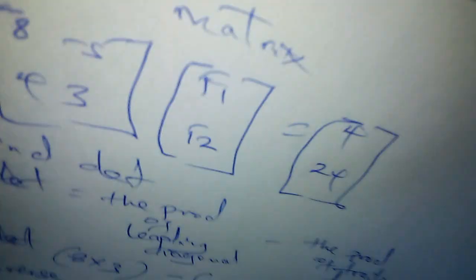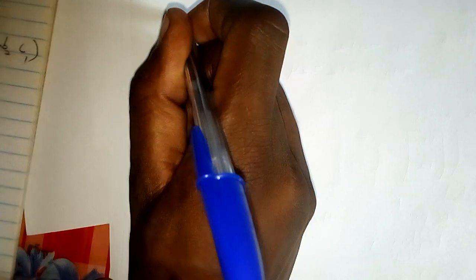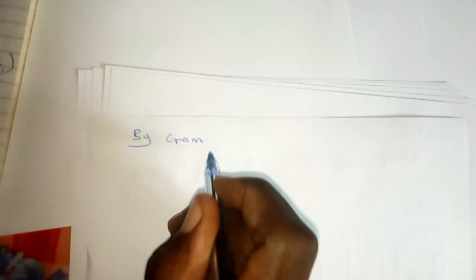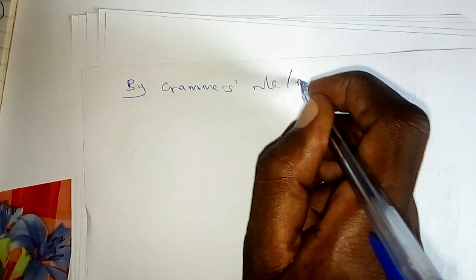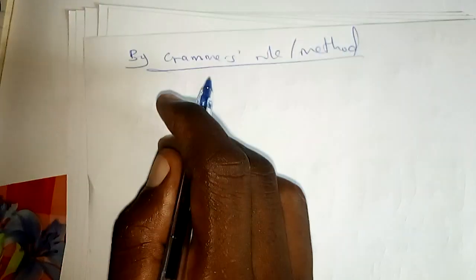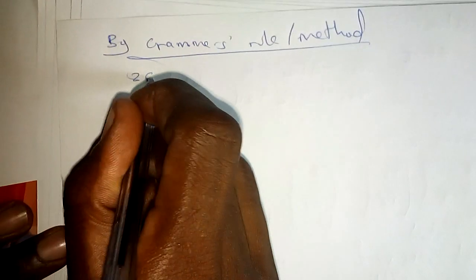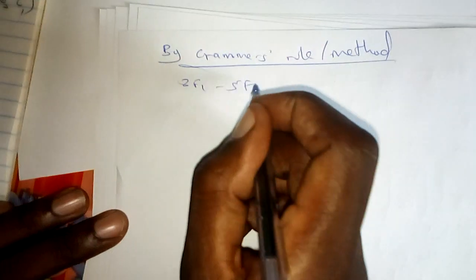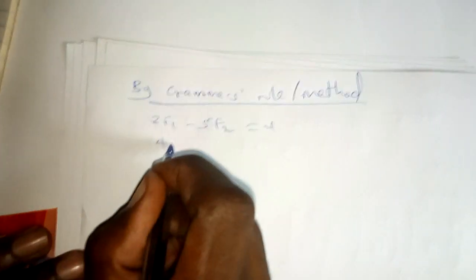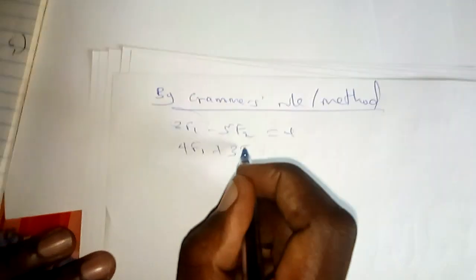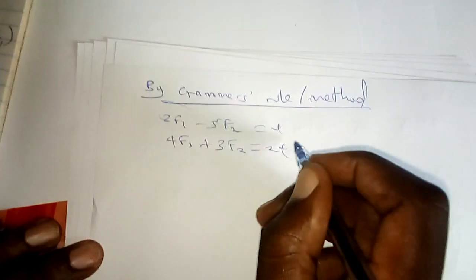By Cramer's rule, we have 8f1 minus 5f2 is equal to 4, and 4f1 plus 3f2 is equal to 24.